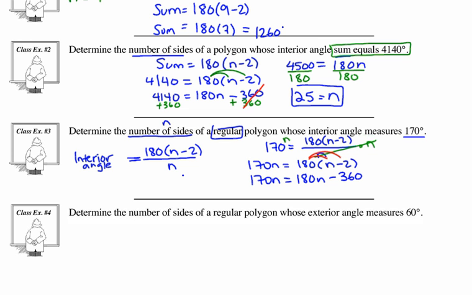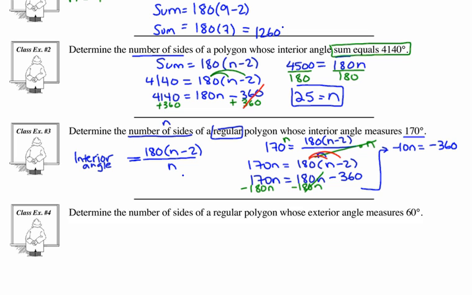So here's our problem. We want to collect like terms. I have n's on each side. So we need to move all the n's to one side and all the numbers to the other. The easiest way to do that is subtract 180n from both sides. Then 170 minus 180 is equal to negative 10n, and that's going to equal negative 360. Don't worry about the negative.